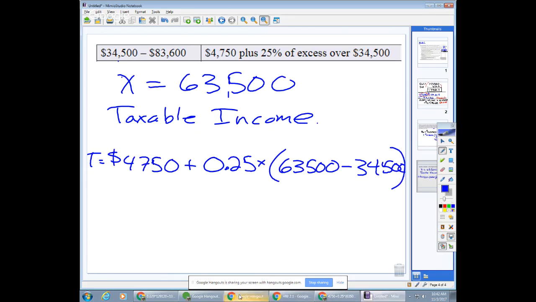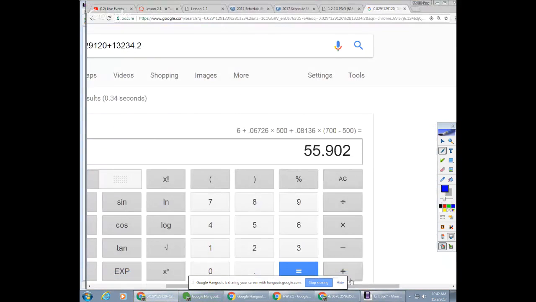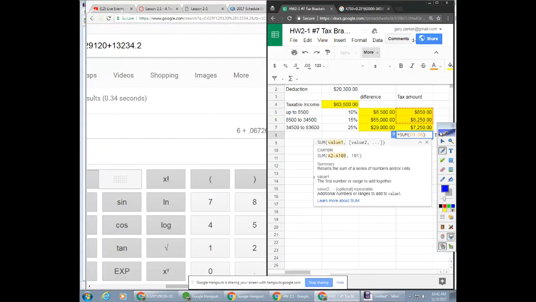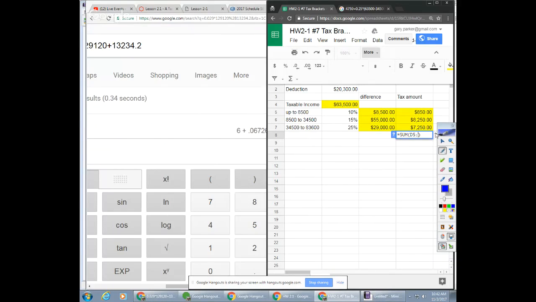Oh, I did mess up my spreadsheet. There's my spreadsheet. I forgot to add all three numbers in my sum. I'm only adding the first two. Oh, come on. Ooh, that's a different number too.